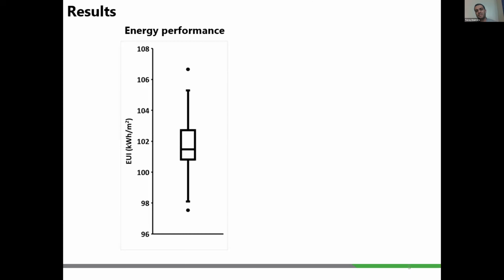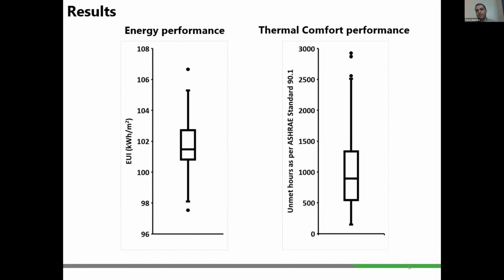Observing the results, we can see that there is a modest impact on energy use intensity, given that we hard-sized all the HVAC equipment in this study. But when we look at the unmet hours, we can see that there was a wide range of discomfort, going from 150 hours in the standard occupant distribution to 3,000 hours when we have overpopulated zones.